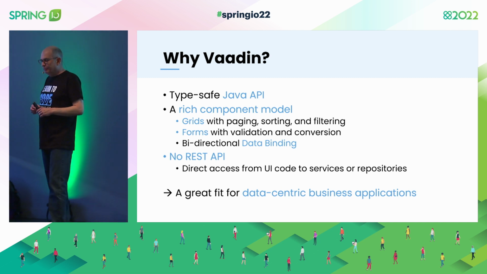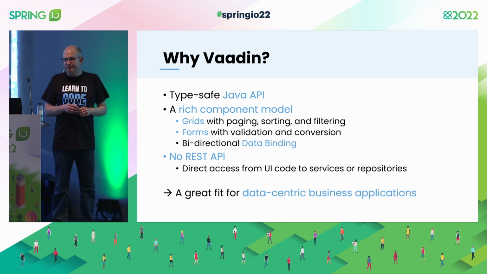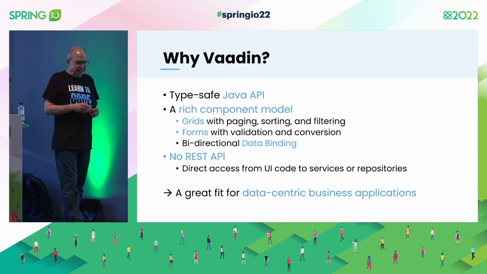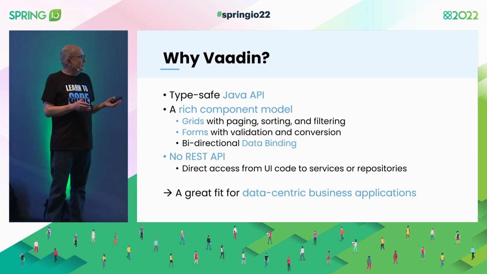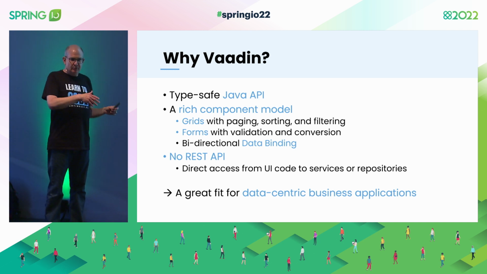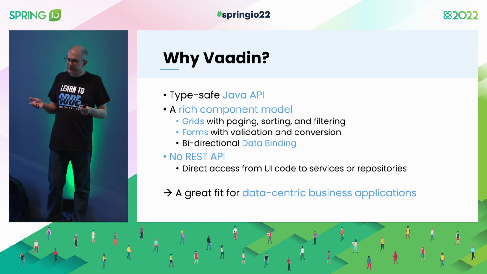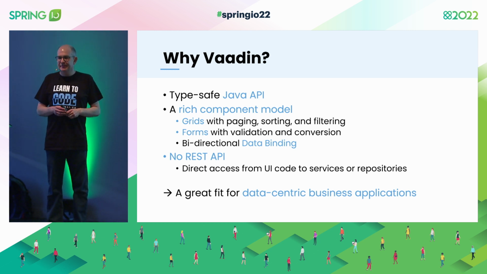I think the most important reason for that is because we are Java developers. It is not only the API that is great, but if you have an Angular or a React application and you do full stack development, who does full stack development? Do we have any front-end developers here?